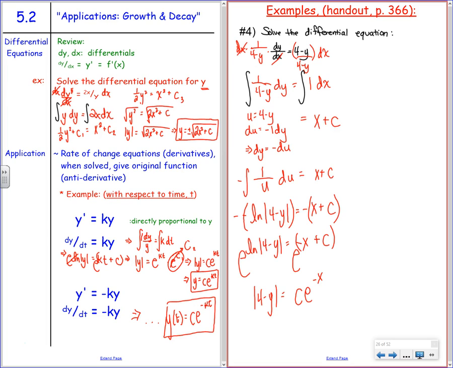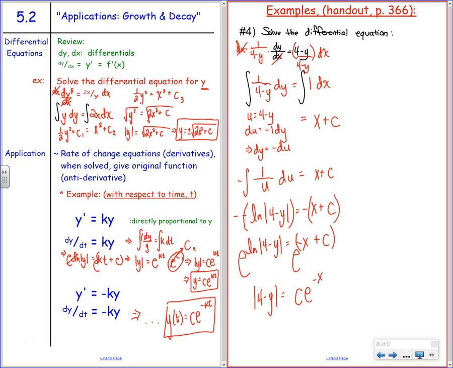Ew, gross. Now what? Well, there's not really a way to get rid of the absolute value, is there? Could you technically, this is a bad idea, square both sides? Then you'd need plus or minus the square root. But like yesterday, is e to the negative x ever going to be negative?